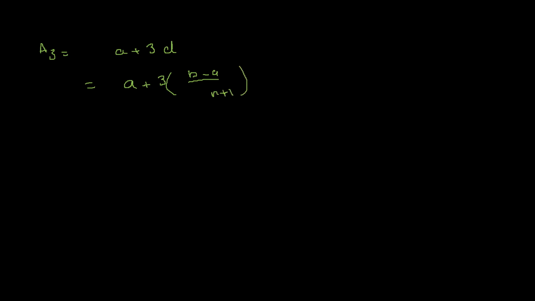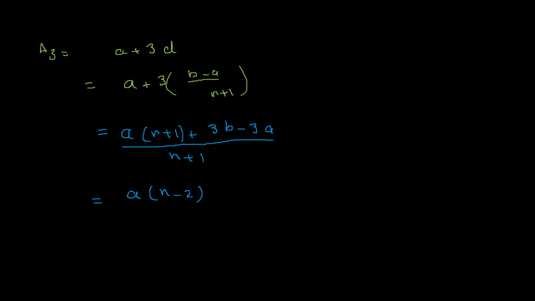By solving this expression, we get a into (n plus 1) plus 3b minus 3a, whole fraction over (n plus 1), and that makes it (a into (n minus 2) plus 3b) over (n plus 1), and so on. And in the end we get an.